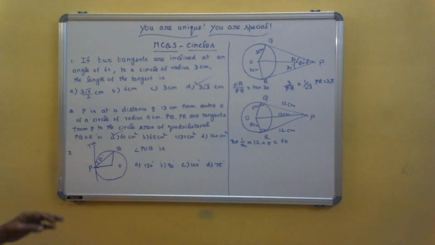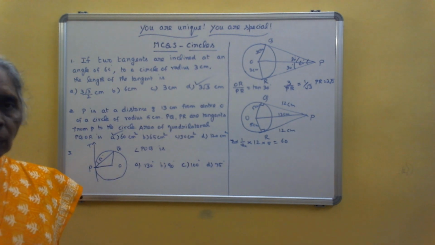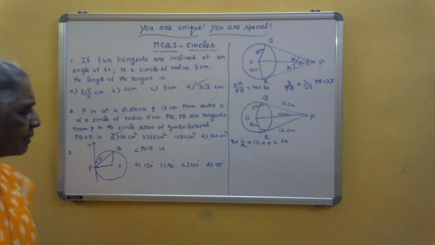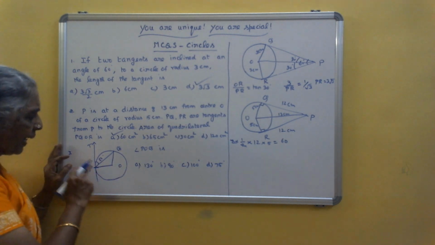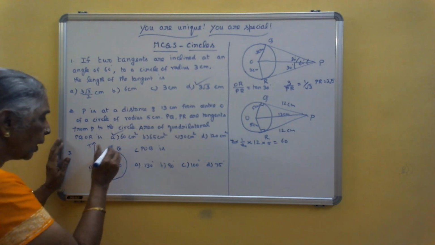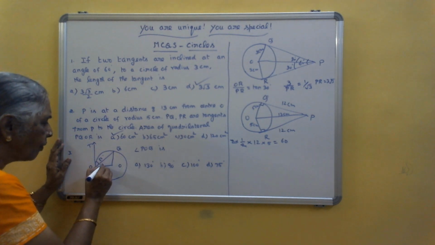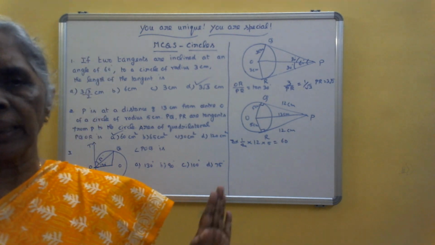Now, what will be angle TPO? That will be 90 degrees because this is the tangent and that is the radius, isn't it? So that will be 90 degrees. In that, angle TPQ is 50, so angle QPO will be 90 minus 50, you will get 40 degrees.